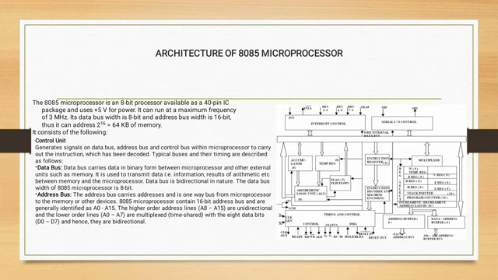And the higher order address lines from A8 to A15 are unidirectional, and the lower order address lines A0 to A7 are basically multiplexed with time shared mode with the 8-bit data bus, for example D0 to D7. So finally we can say that the lower order address data lines are basically AD0 to AD7. Okay.